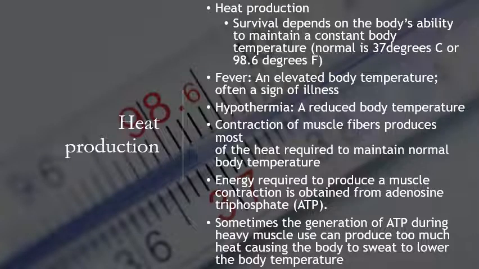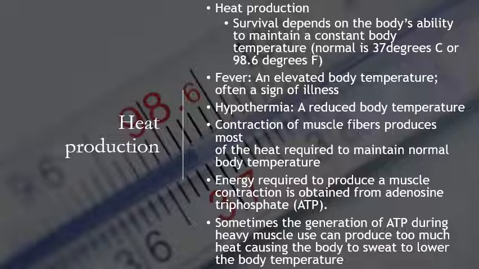Heat production. Heat production is there for a reason, and survival of the body depends on its ability to maintain homeostasis when it comes to body temperature. So your normal body temperature is 37 degrees Celsius or 98.6 Fahrenheit.